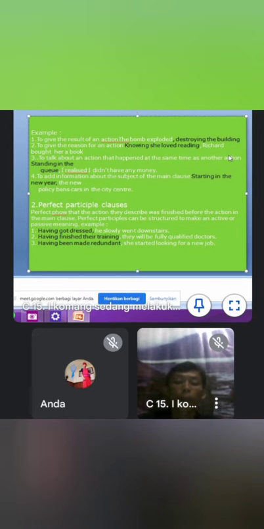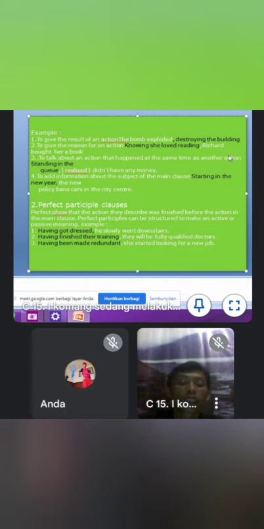For the perfect participle clause, the perfect participle can be structured to make active or passive meanings. The example: having got dressed, he slowly went downstairs. The participle clause is having got dressed.